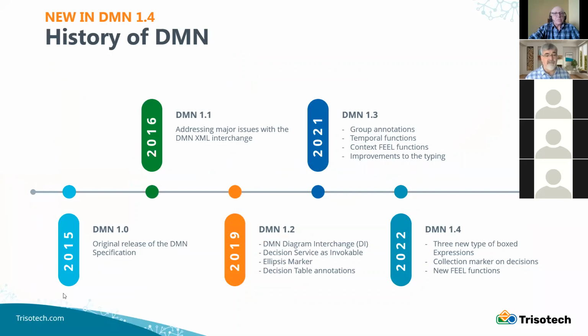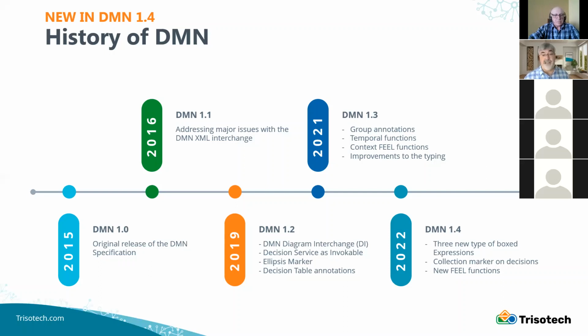So DMN version 1 started in 2015, was officially released then, and that was our first version. Then in 2016, we released DMN 1.1, and that was mostly to address DMN XML interchange issues that were in the original release.